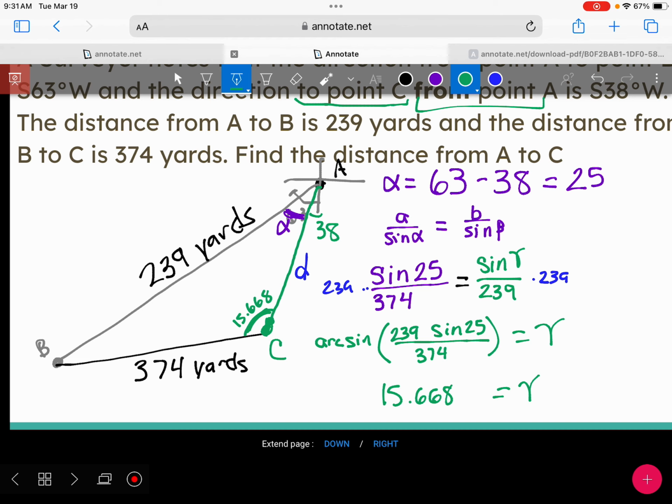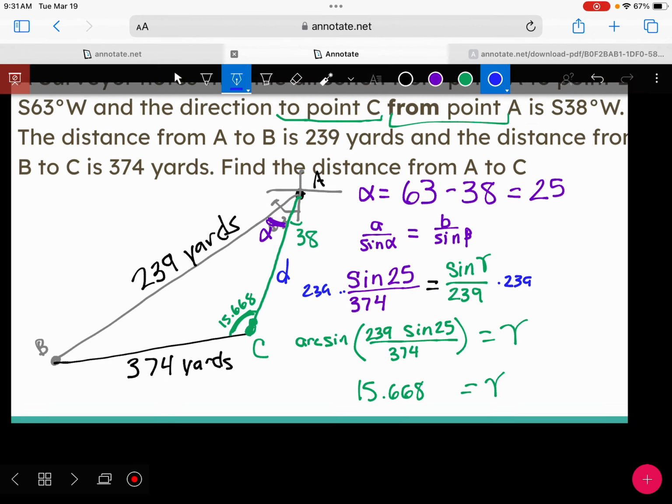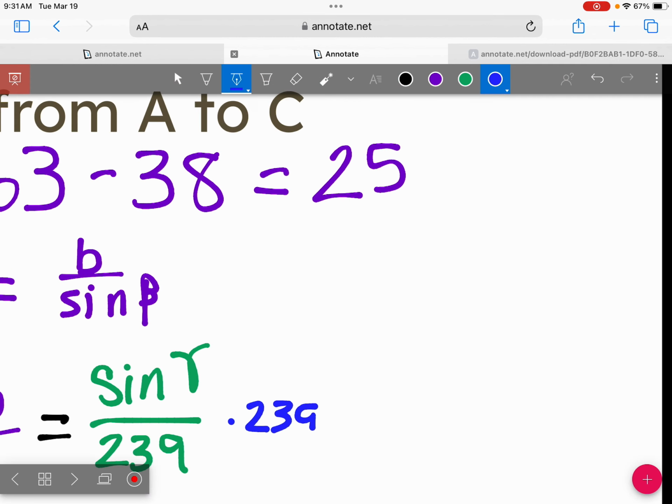So now I know alpha. I know gamma. How can we find beta? Triangle sum. My three interior angles are going to add up to 180. So alpha plus beta plus gamma equals 180. So I can find beta. And I'm writing big today, so it's running out of space.